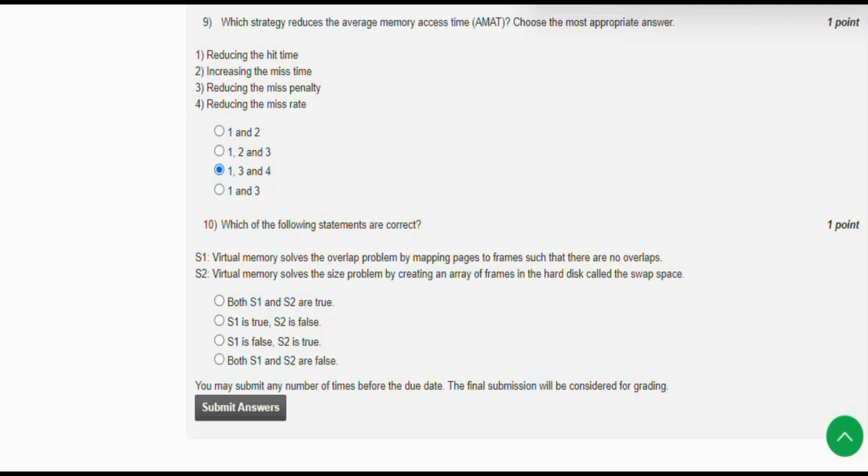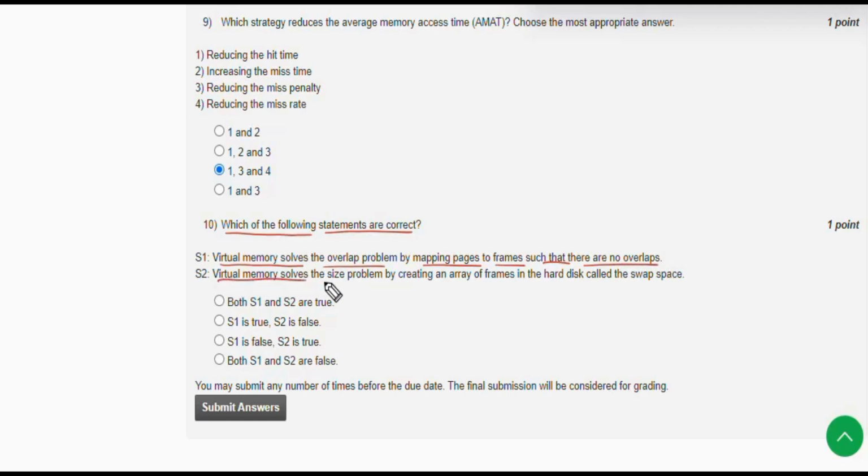Now moving into the next question, question number 10, which is the last question of this assignment. Let's check. Which of the following statements are correct? Statement 1. Virtual memory solves the overlap problem by mapping pages to frames such that there are no overlaps.